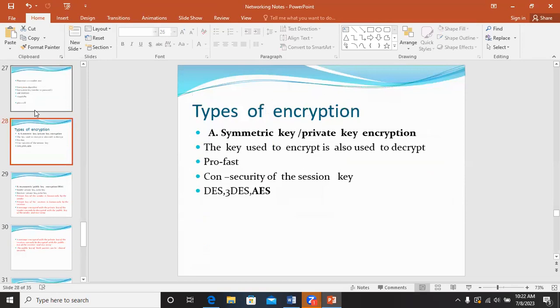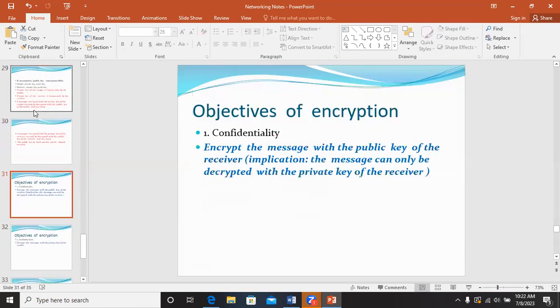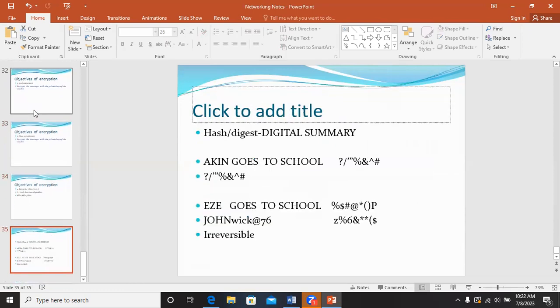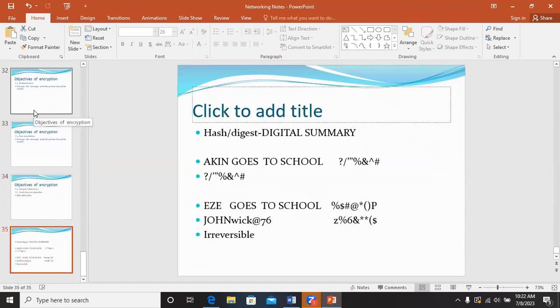Symmetric is reversible. You can convert the ciphertext back to plain text. Asymmetric, you can convert the ciphertext back to plain text. But when it comes to hash function, it is impossible. You can't convert the ciphertext back to plain text. That's why it is being used in password.